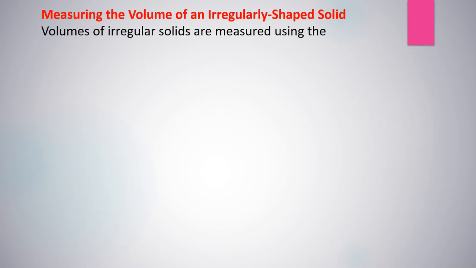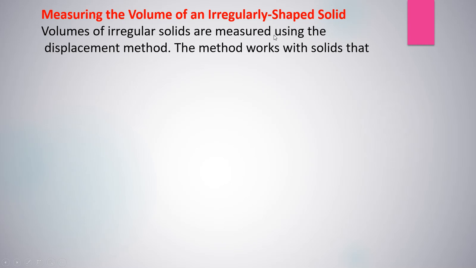Now let's look at measuring the volume of an irregular shaped solid. We looked at the ones which are regular, which have sides that can be measured. The volumes of irregular solids are measured using the displacement method.